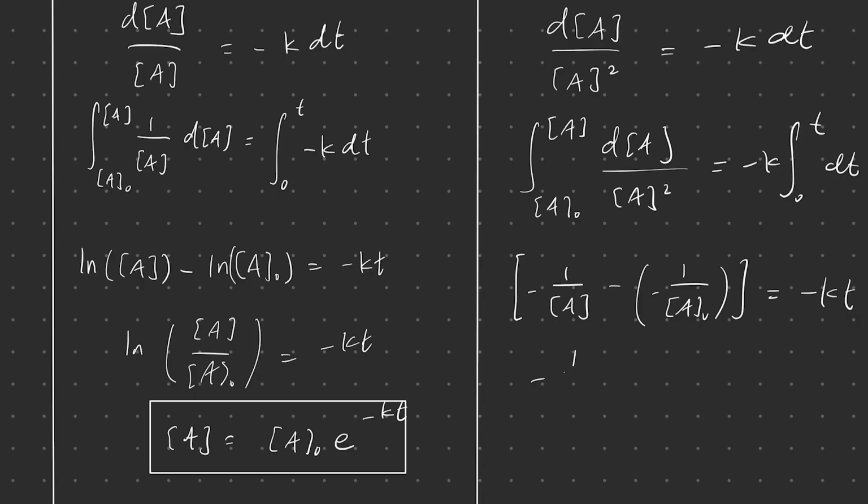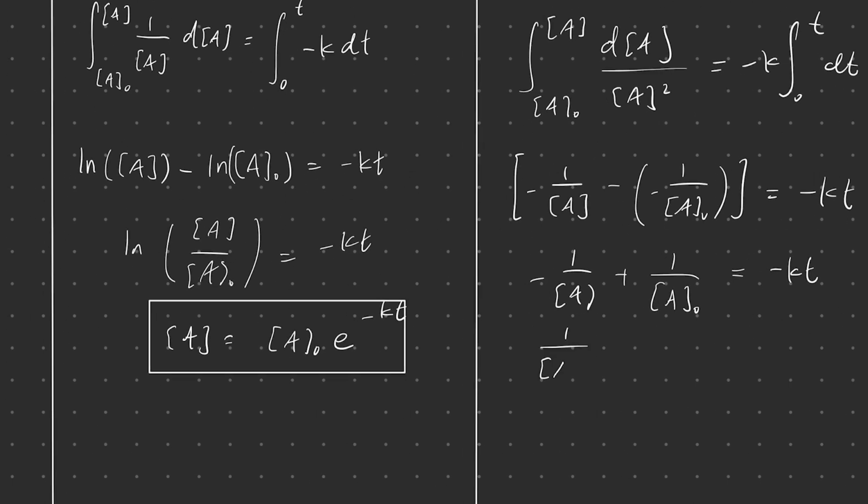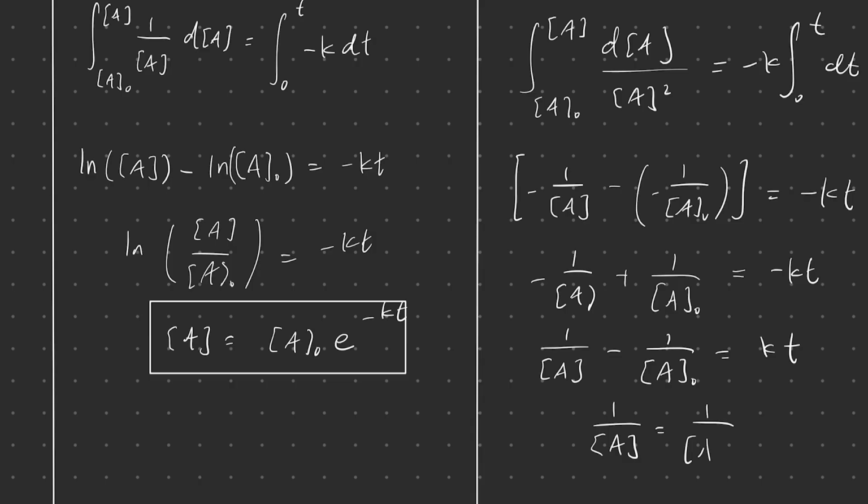So negative 1 over A plus 1 over A naught is equal to negative kt. We can rearrange again. We first multiply by negative 1 to get rid of the negatives. So we get 1 over A minus 1 over A naught is equal to kt. This integrated law, it's sufficient to leave it as is, or we can go one more step. So 1 over A is equal to 1 over A naught plus kt.